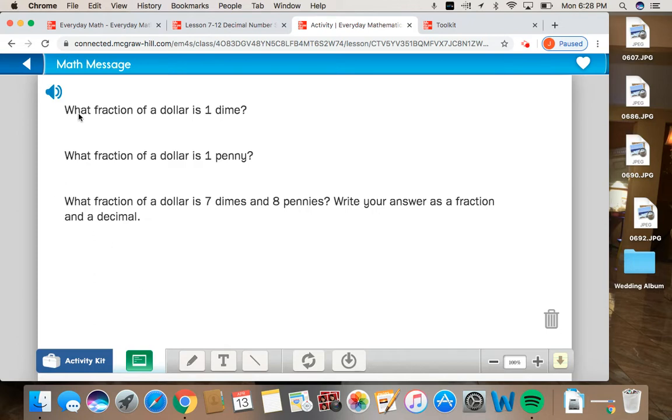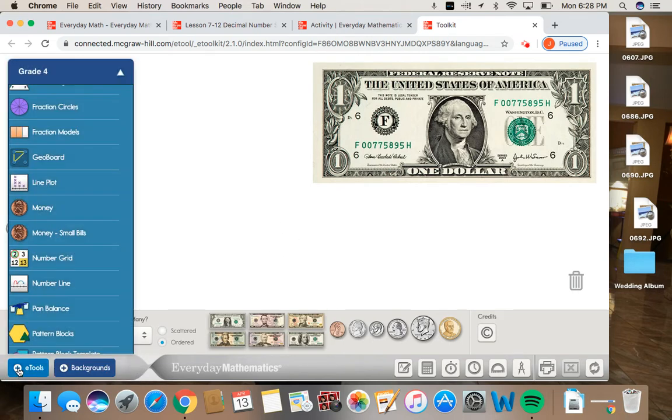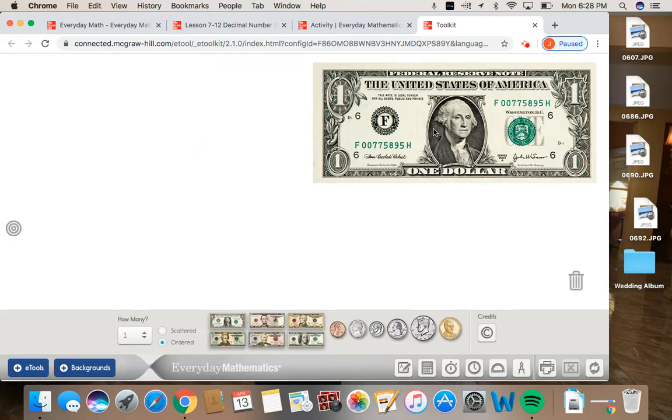Okay, so for the first question, what fraction of a dollar is 1 dime? You can even open up your toolkit and pull up your money. You find the money if you click on eTools and you just scroll down, and here it is. And I brought up a dollar because I want to think of what fraction of a dollar is 1 dime. So I want to think about, well, how many dimes are in a dollar?